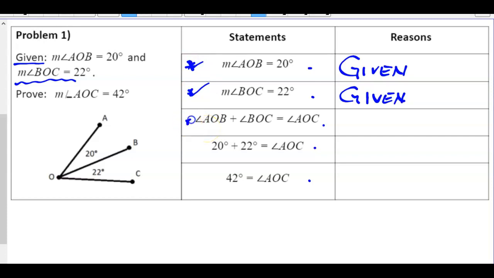I would say the measure of that angle plus the measure of that angle equals the measure of that angle. Sorry about that. We'll all make little mistakes, and it'd be better to get that correct. AOB is little, BOC is little, and AOC is big. That is called the angle addition postulate.